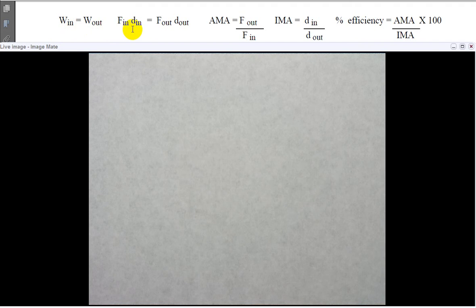So we can break that down into the work problem: force times distance of the in, or your effort, equals force times distance of the out, which is also your resistance. AMA is the force out over force in, and IMA is the distance in over distance out. So let's work the first problem.